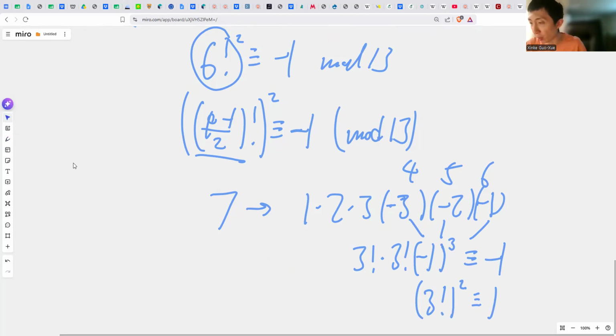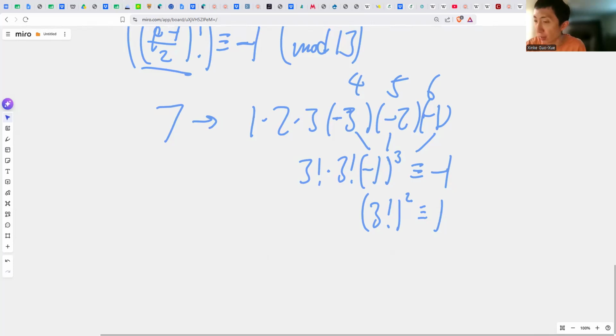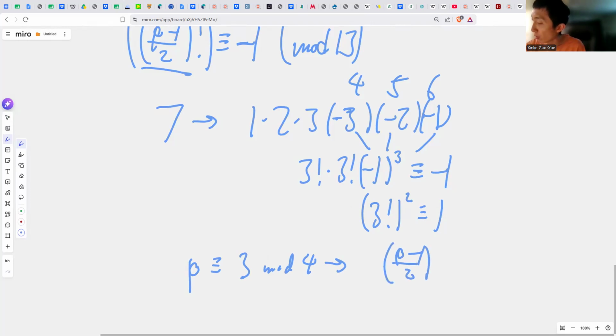So I guess we can write this as an intermediate fact: p congruent to 3 mod 4 implies ((p minus 1) over 2) factorial is a solution to x squared congruent to 1 mod p.